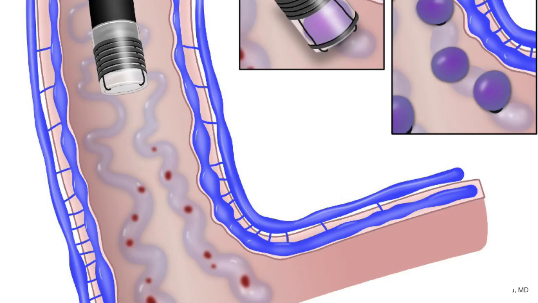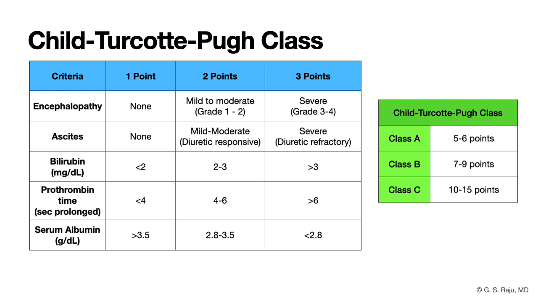On the other hand, if you are successful in controlling the bleeding, what do you do next? So we talked about the importance of assessing the Child's class of a particular patient. Child's class A is, you could say, a relatively well compensated liver disease. Child's B and C, as it goes with higher points, have much more decompensation of the liver, and Child C patients tend to do poorly.